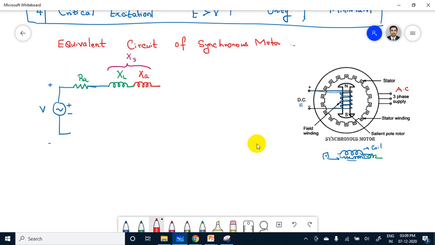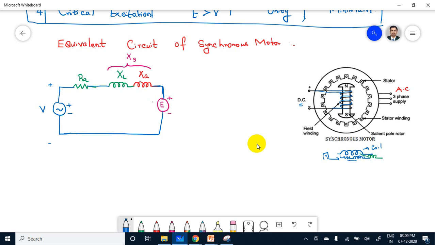XL stands for leakage reactance, XA stands for armature reactance. Then it is connected with E, plus minus. Then join.